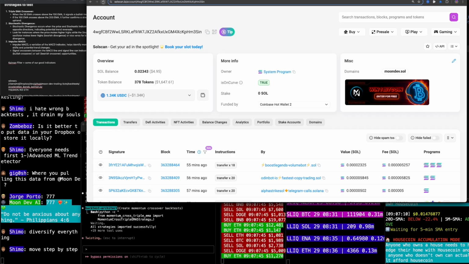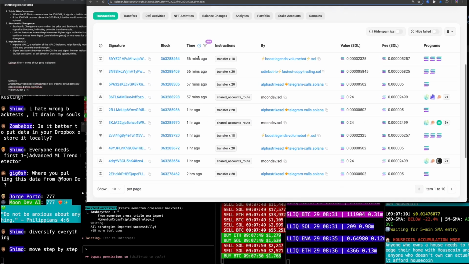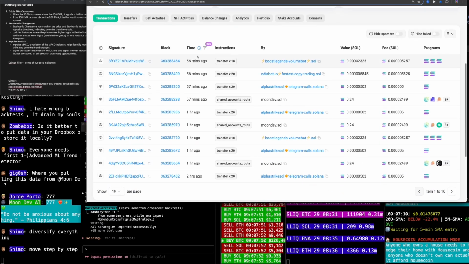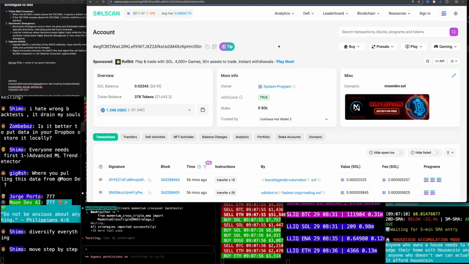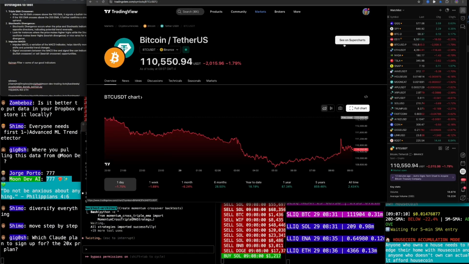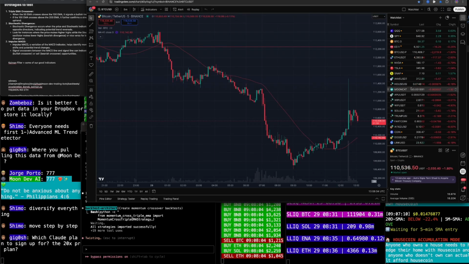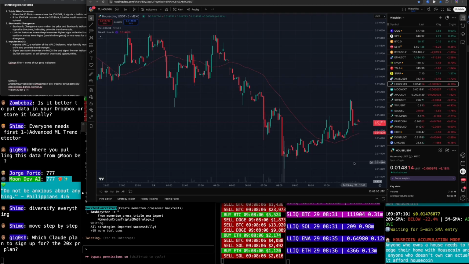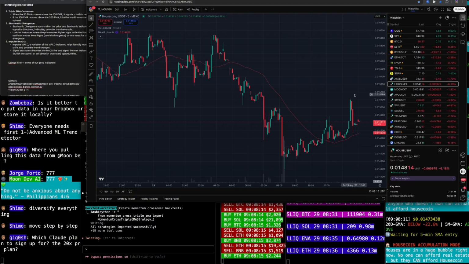Let's see if there's been any new purchases. Nothing, huh? Nada, huh? So we must be over the 5-minute SMA or something. Okay, so the 5-minute, yeah, I've got to be under the SMA for me to buy in there. So this is the bot, Housecoin bot.